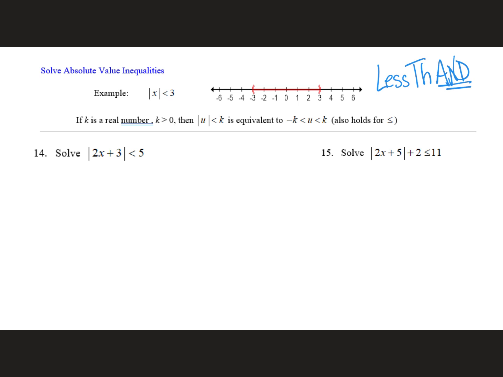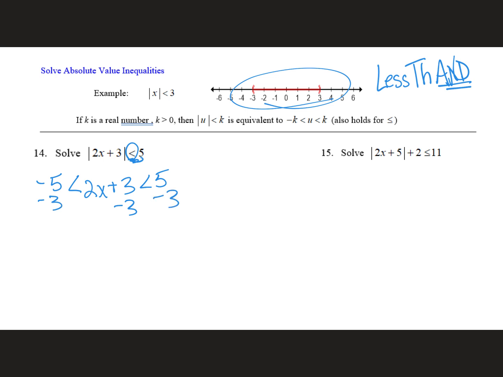The absolute value of 2x plus 3 is less than 5. Because it's less than, it's going to be an and. That means 2x plus 3 has to be between -5 and +5 because the distance from 0 is less, in the middle. Solve it as a compound inequality. So we're going to subtract 3 on all three sides. -5 minus 3 is -8, less than 2x, less than 5 minus 3 is 2.